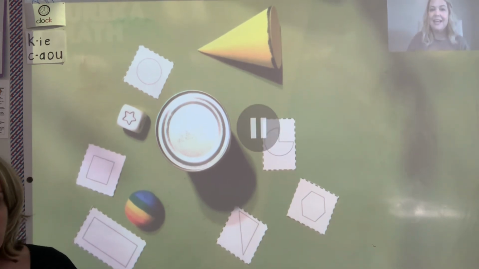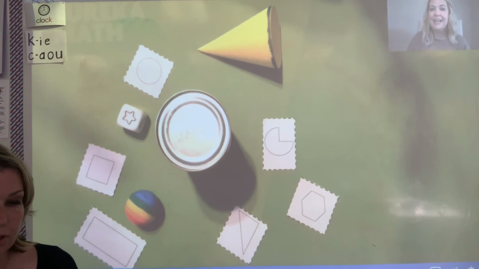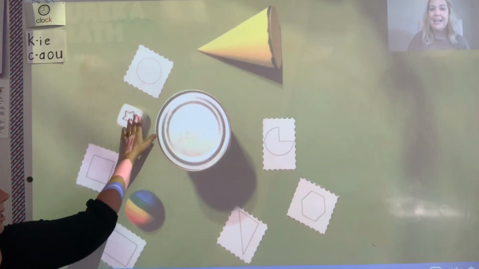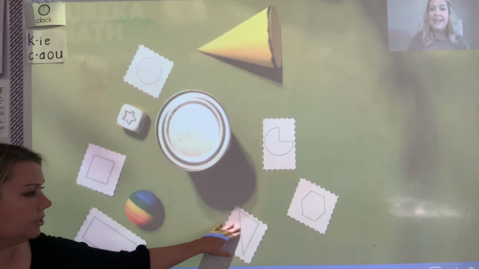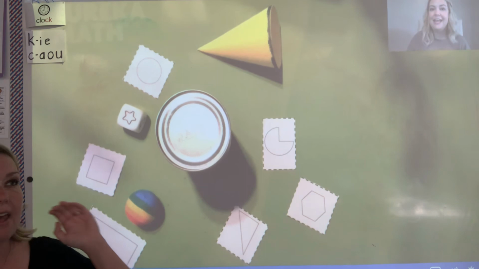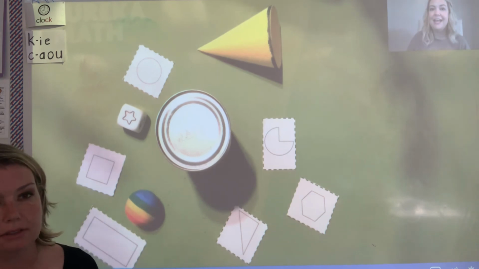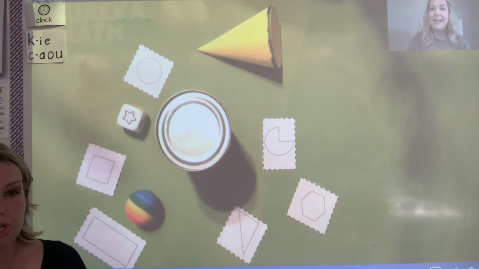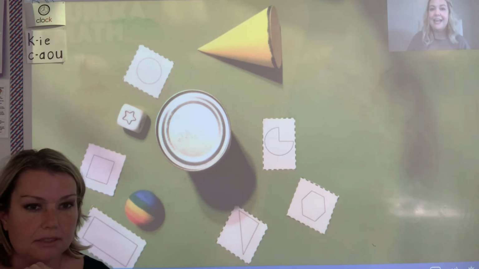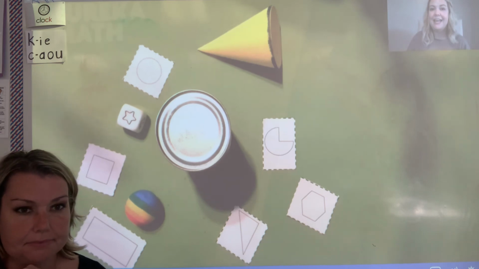Okay, let's take a look. Here are her solid shapes, and you've got solid shapes in front of you, and these are their flat shapes. In common means what do they have that is the same? Who can raise their hand and share out some things that the flat shapes and the solid shapes have that are the same?